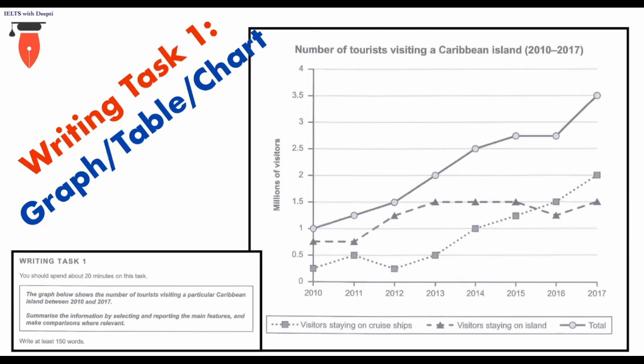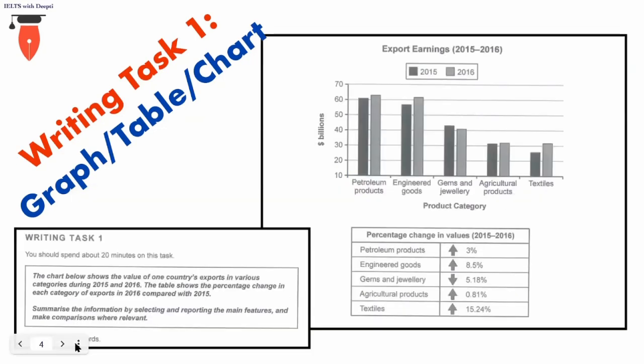Another type of task that you may get here is a bar chart. Okay. So this is a bar chart which is showing us comparison, and this bar chart is accompanied with a table, right? Sometimes you may also get a bar chart accompanying a pie chart. So sometimes you can get 2 of these together. Okay.